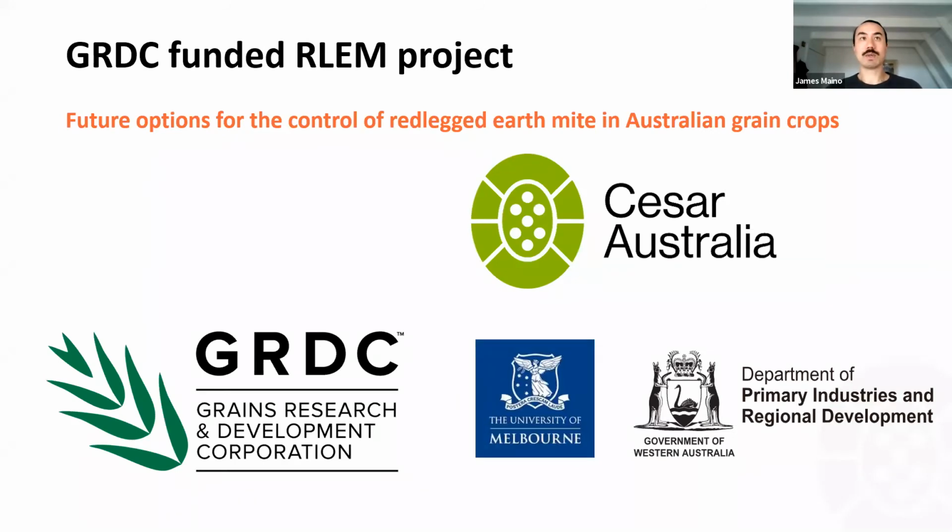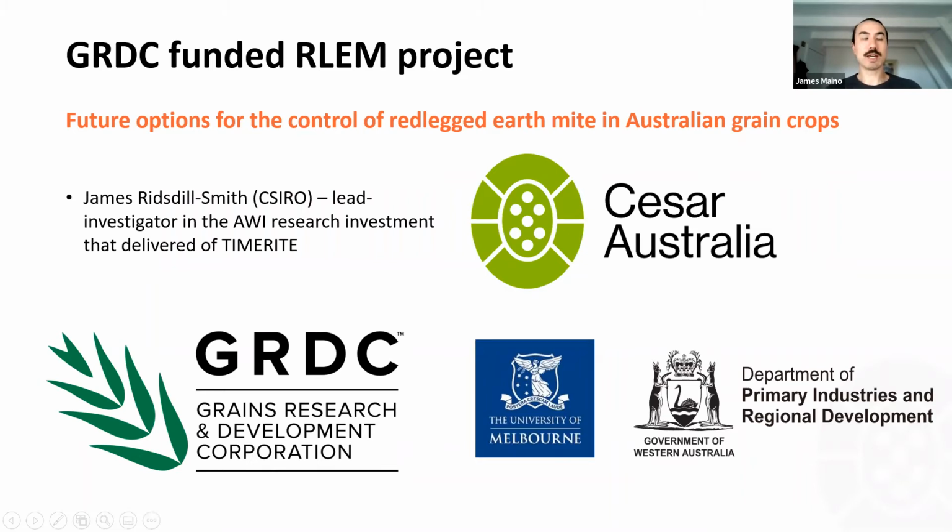And that's exactly what this GRDC investment, titled Future Options for Control of Red-Legged Earth Mite in Australian Grain Crops, is about. CESA Australia is leading this project with contributions from the University of Melbourne and DPIRD in WA.